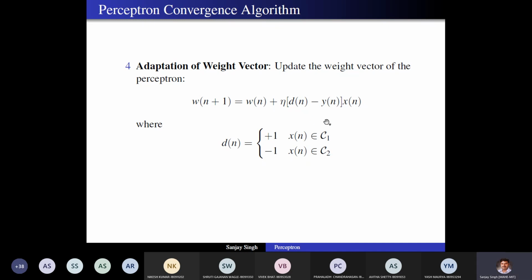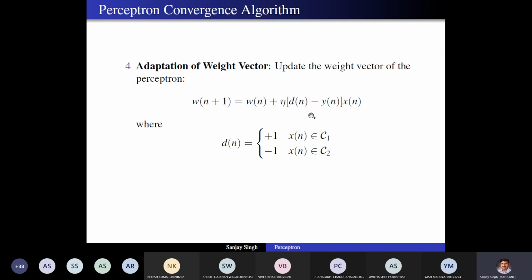If this value comes out to be negative, then some portion or version of this same pattern gets subtracted from the synaptic weights, and they get updated for the next iteration. As I mentioned, d(n) is +1 when x(n) belongs to class 1 and -1 when x(n) belongs to class 2. This is a very simple learning algorithm.